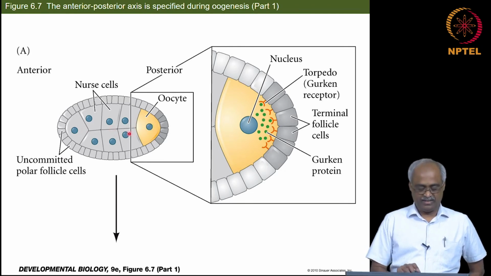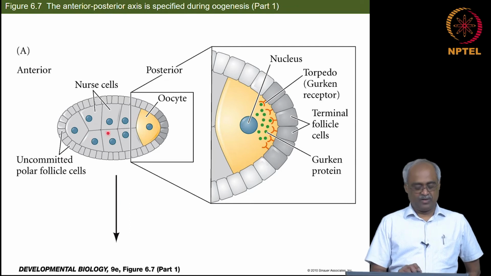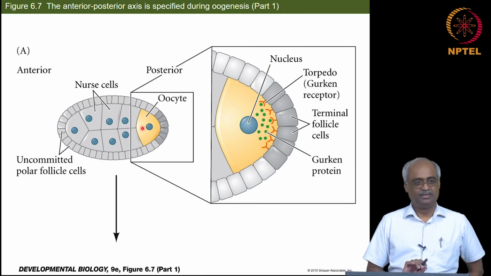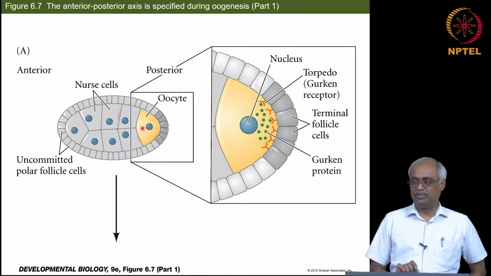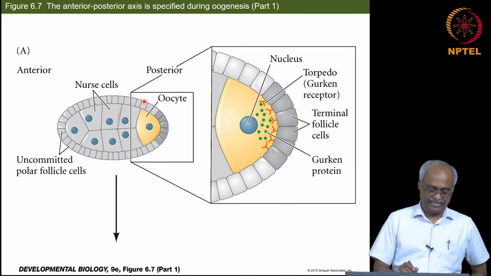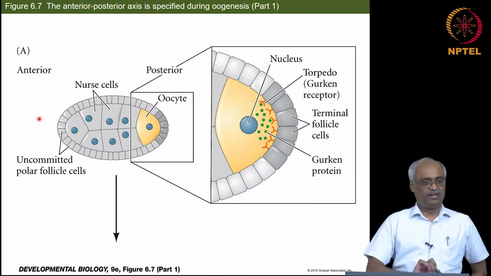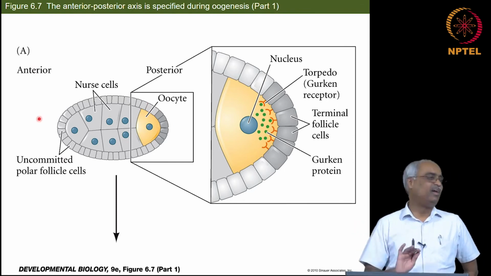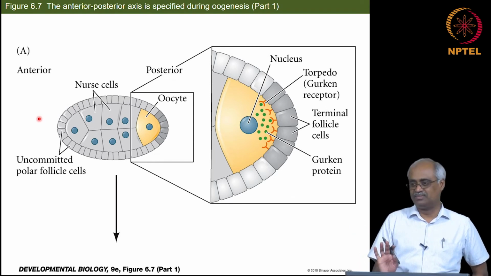So, their transcription and translation output, coming from all these 15 nuclei, is all going here, and this is going to grow. Clear? And at this point I want to state one more piece of information: these follicle cells are not committed to any particular kind of follicle cell, they are all plain, simple follicle cells.